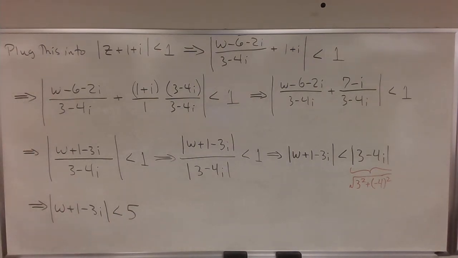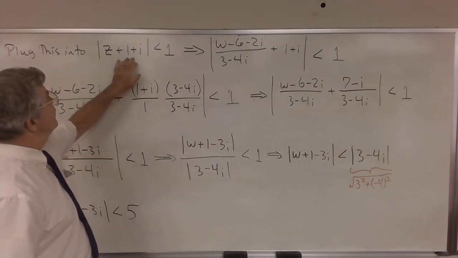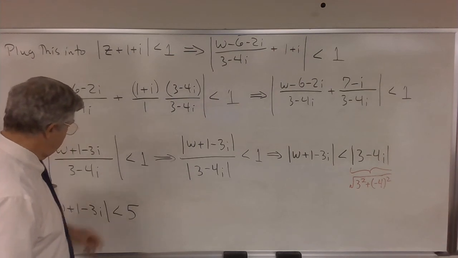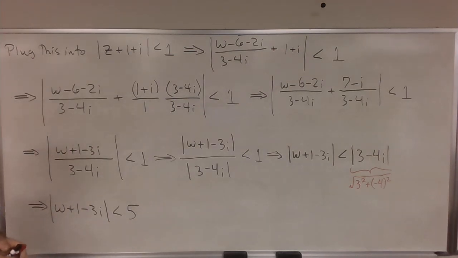Now that may have been what we were trying to come up with. I don't remember offhand, and maybe I should check it out. Okay, this is what we were supposed to show, that the transformation from z to w transforms this disk into this disk. And son of a gun, is this really a disk?